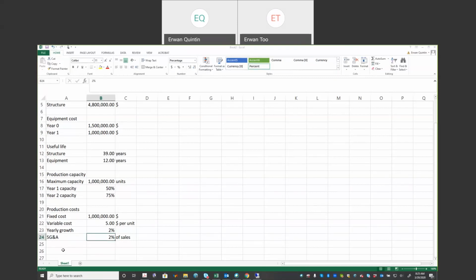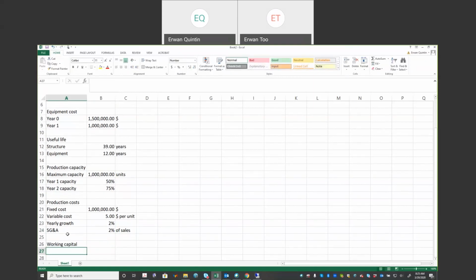Okay, continuing after this brief pause here. So far we have our building, we have our machines, we have our production costs, and the other thing I'm going to need to produce is some working capital. I need to have some cash around in order to produce. And so in particular, one thing I'm going to need according to the case are inventories.